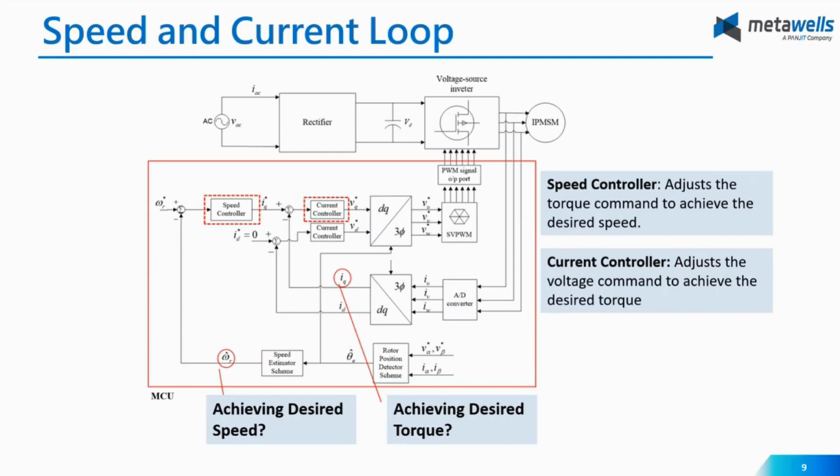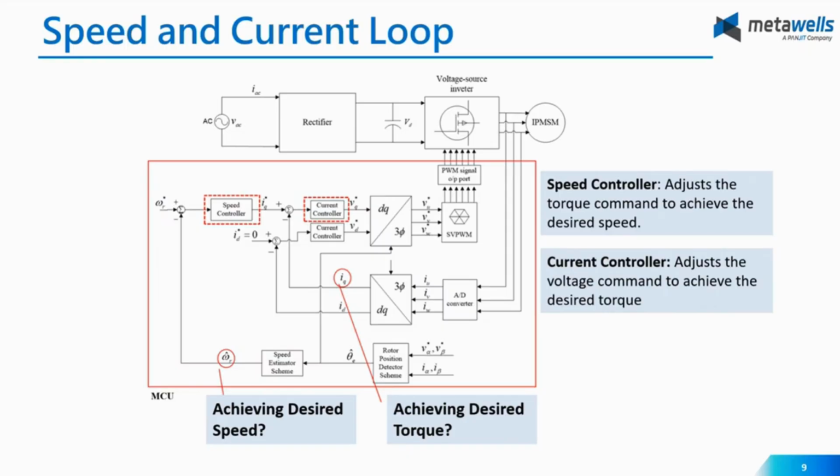So the IQ command is the desired Q axis current set by the speed controller output to achieve the target speed, and it acts as the torque command. The higher IQ command means more torque to meet speed demands.